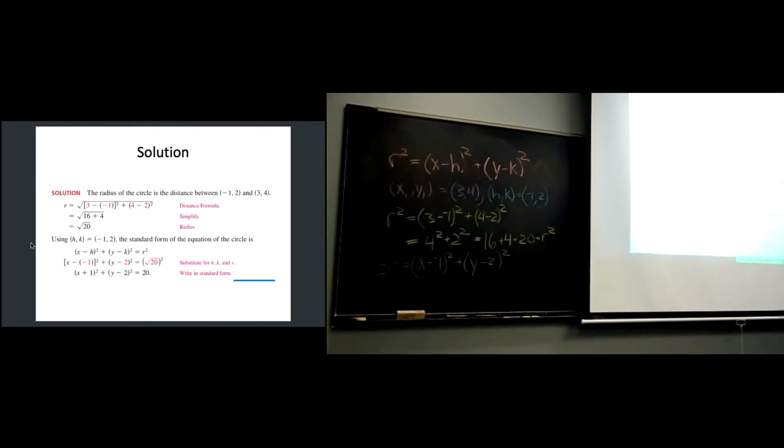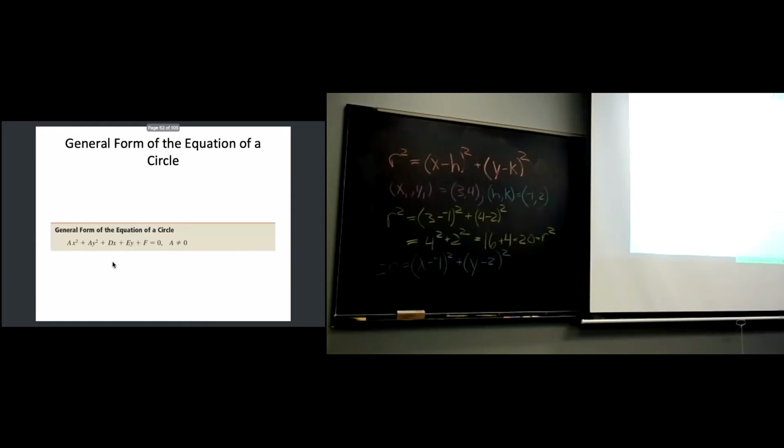From there, all we do is plug in that r value again and plug in the corresponding h and k values, or replace the 3 and 4 with x and y. Now, the more monstrous form of that equation.